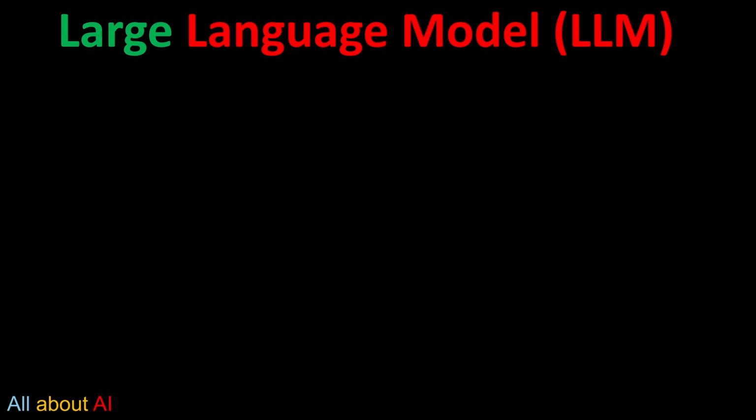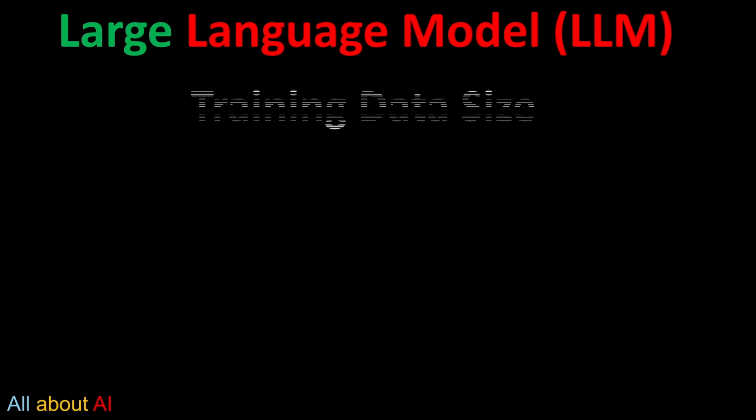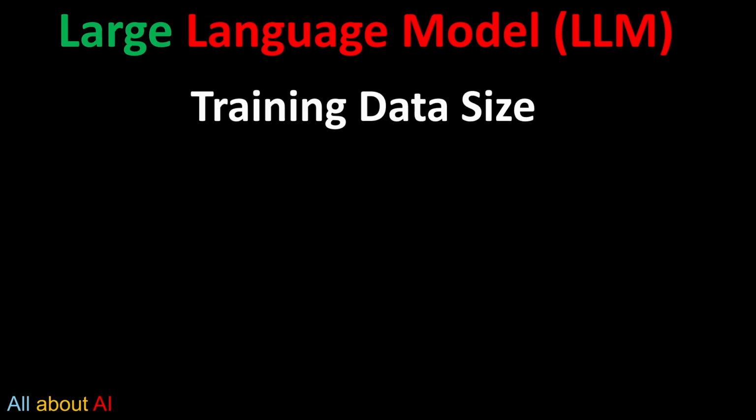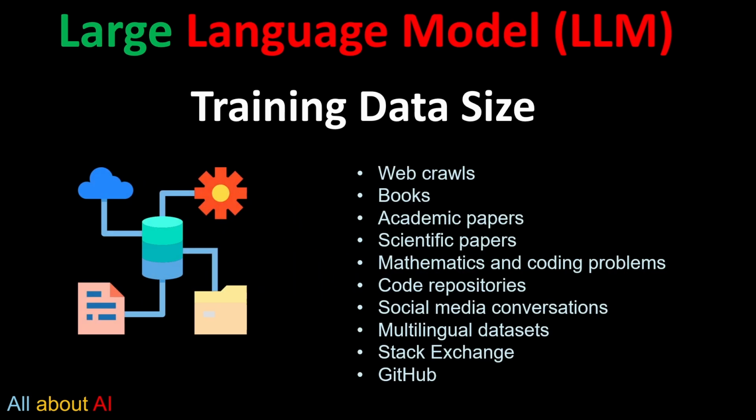There are three key factors. First is training data size. The sheer volume of data used for training these models is what makes them called large. In some of the state of the art models, almost the entire internet's data is being used.